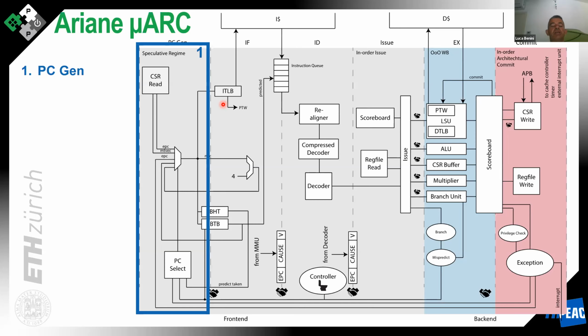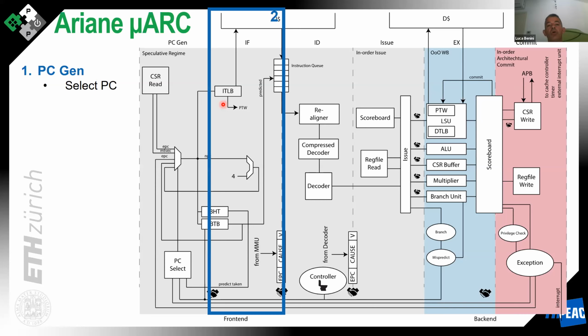The first stage is dedicated to instruction fetch, getting the instructions ready from the memory system. So you have to generate your PC address, and your program counter, of course, can come from various sources depending on sequential flow, loops or branches.